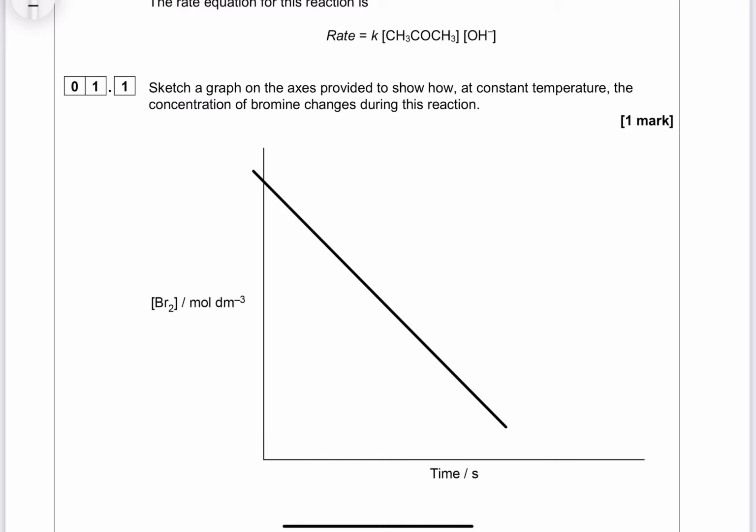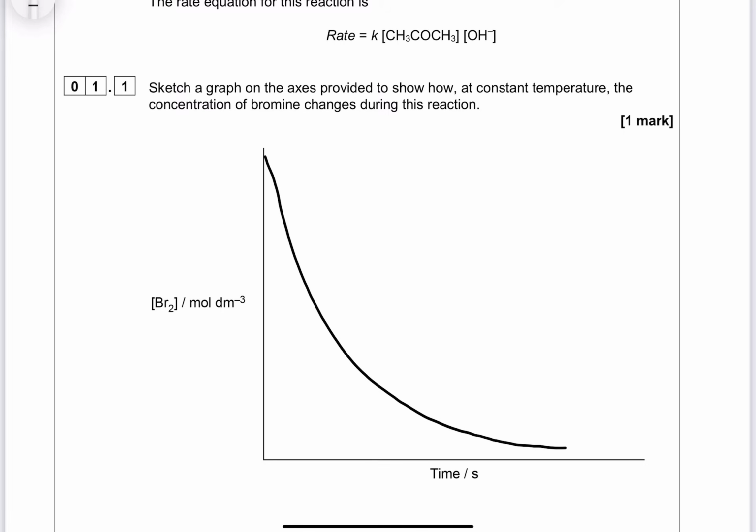Now the exam board said that this is only true if all the other reagents are in large excess, so this isn't what they wanted, but given that the amounts of none of the reactants were shown, they had to accept both. So the line that they wanted was the regular decreasing gradient curve that shows how a reactant is used up.